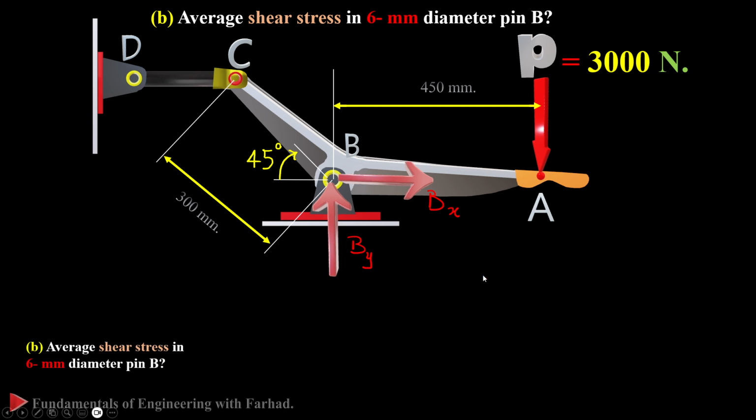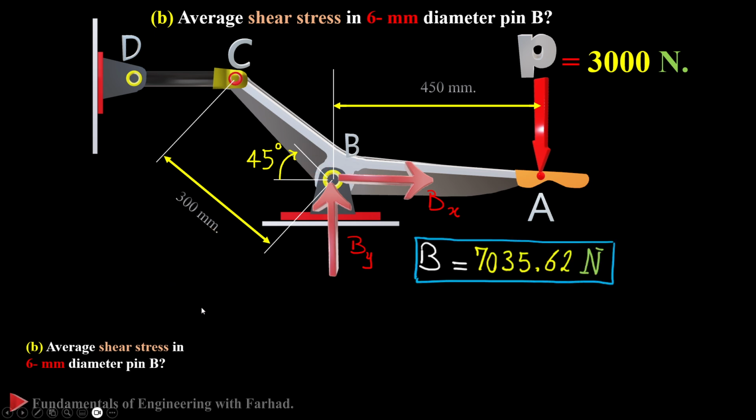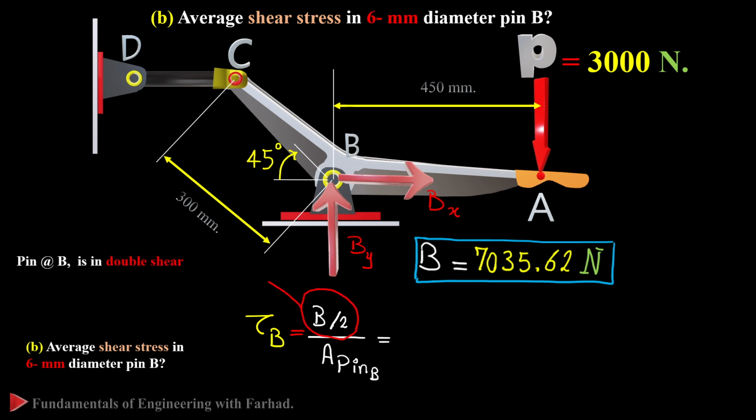If we have the force in pin B, now the shear stress in pin B is equal to, because that's a double shear, you can either use the force B over 2, or use 2 times the area. Whatever you are more comfortable with, the result is the same.